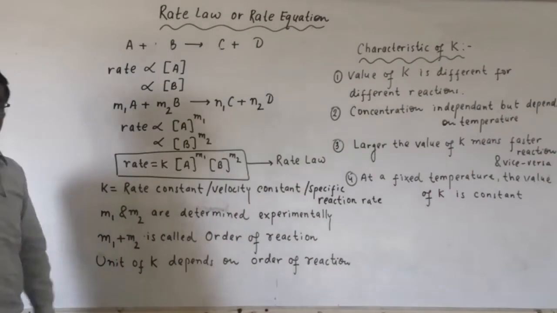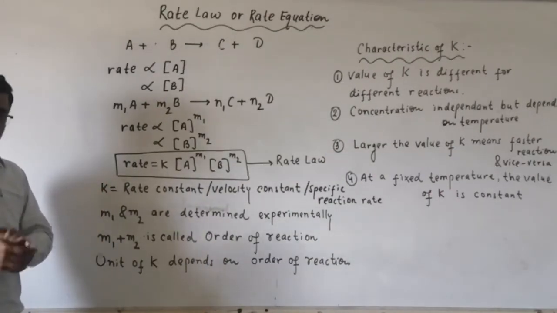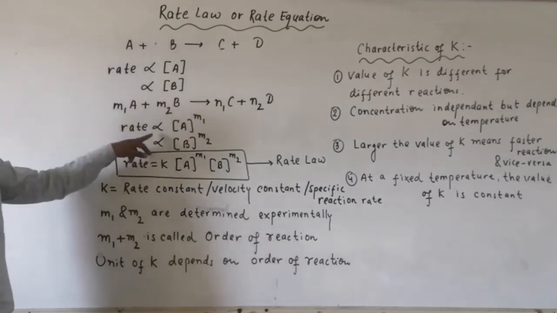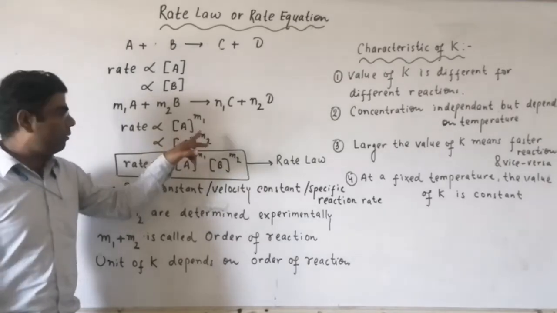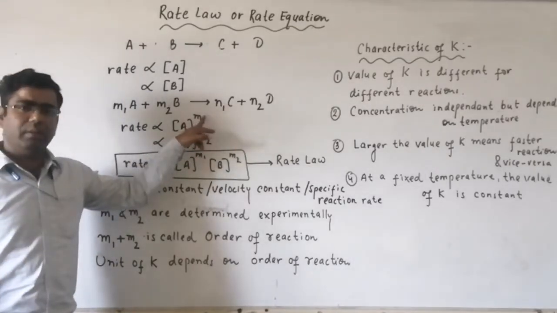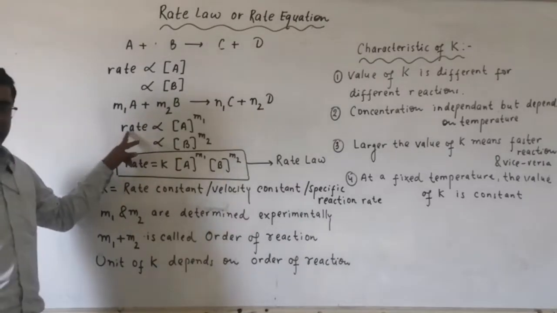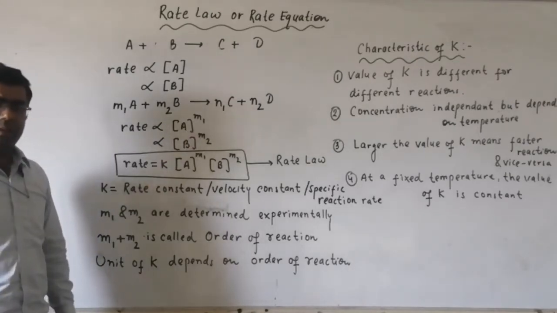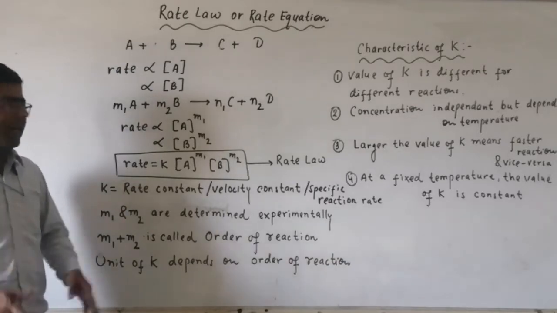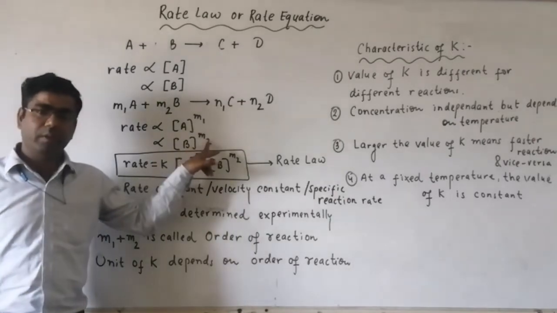For this hypothetical reaction, the rate will be written as rate directly proportional to concentration of A to the power M1, and for B it is related as rate directly proportional to concentration of B to the power M2.